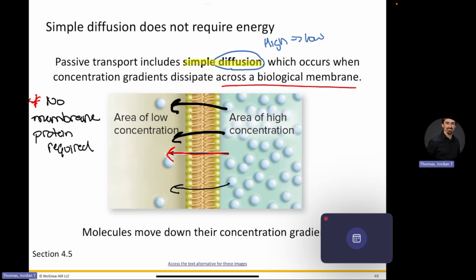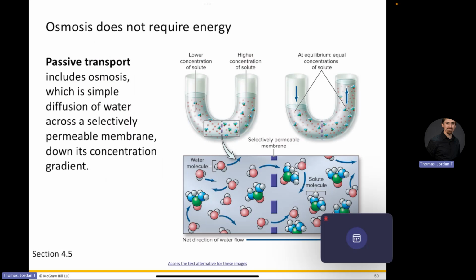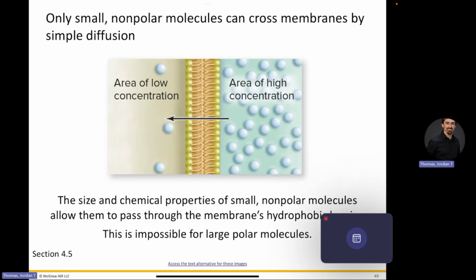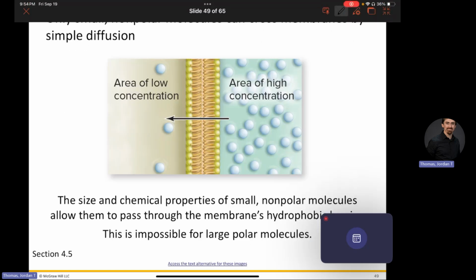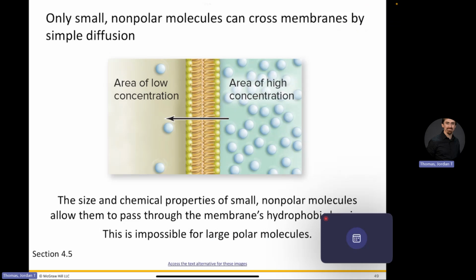They're going from a high to low concentration, so they do not require energy. They're using passive transport. And the key thing with this example, let's do red, is that only small nonpolar molecules can cross the membrane by simple diffusion.